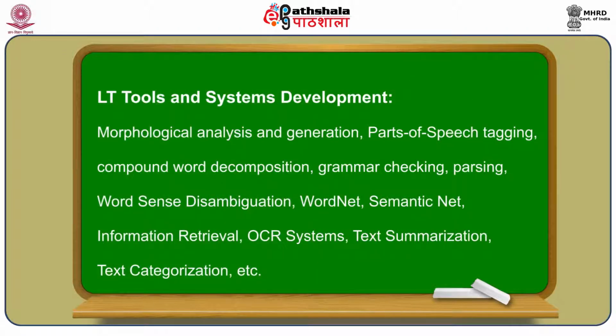The next one: technology tools and systems for system development. We need a lot of systems. We have been talking about the morphological analysis of words, automatic morphological analysis, but to be honest, till now we don't have many resources or tools which can analyze morphemes or words easily. So, we are talking about developing tools and systems for morphological analysis and generation.